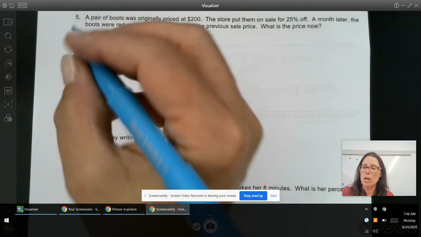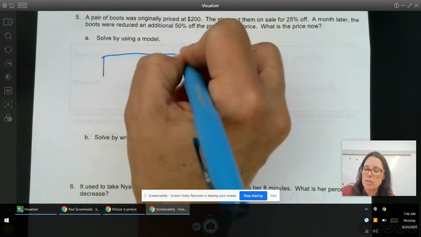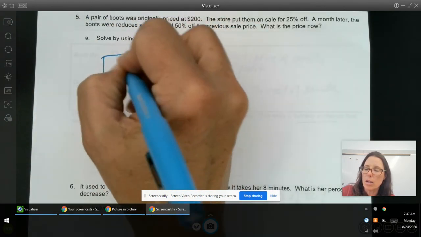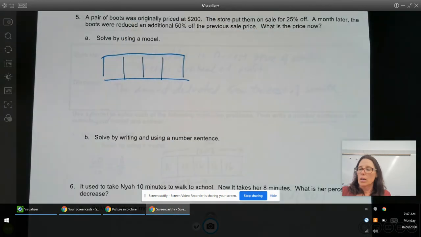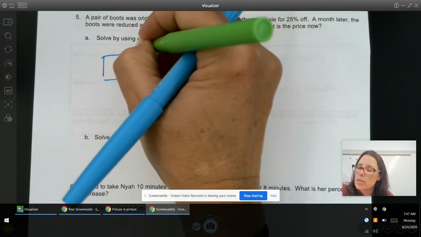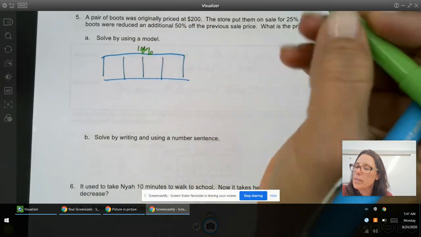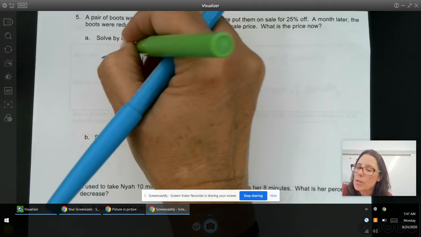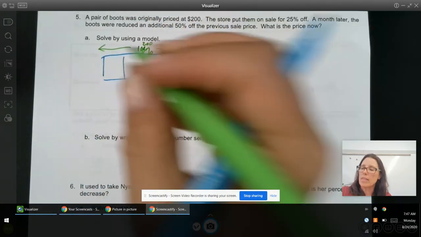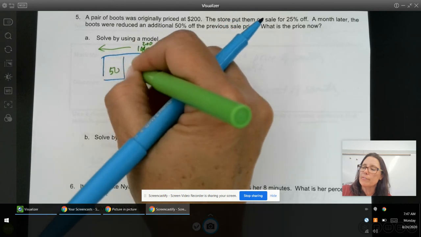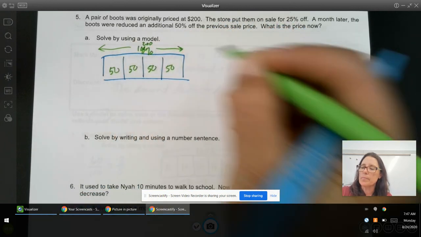Okay, so I've got 4 boxes. My 100% goes with the $200. That leaves me a magic number of 50 in each box.